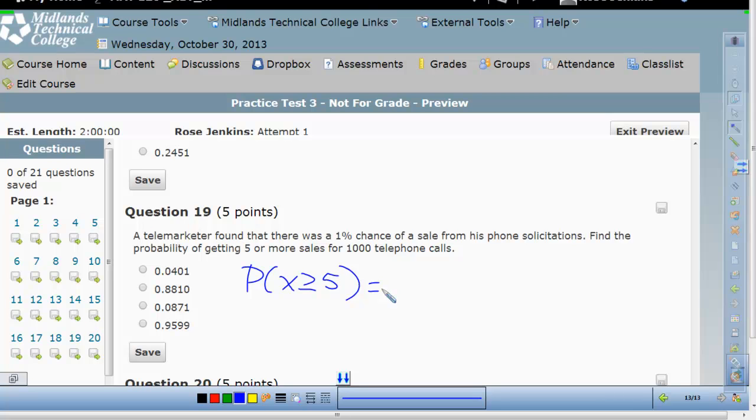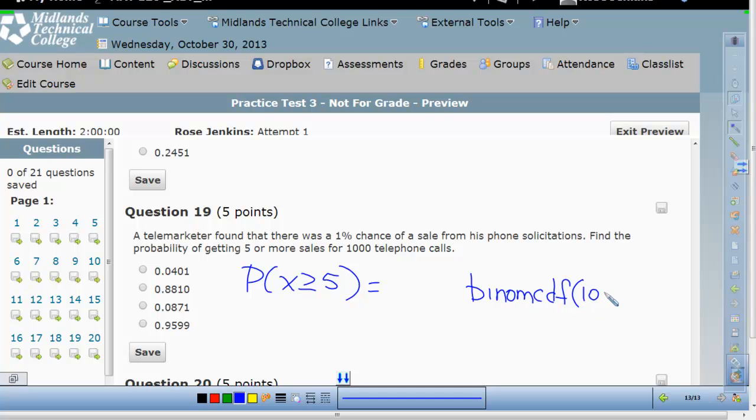What we're interested in is from 5 to 1,000. But what we don't want is 4 and down, right? So to get the sum of 4, we say binom CDF.